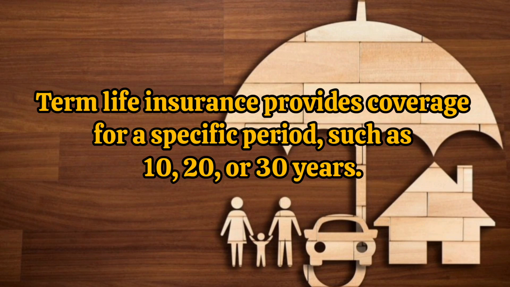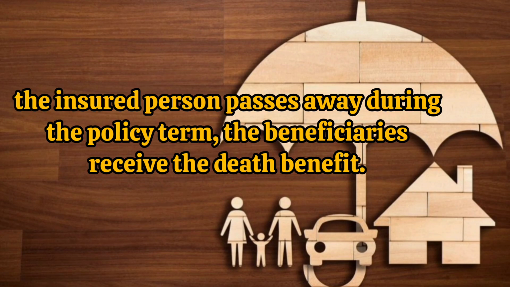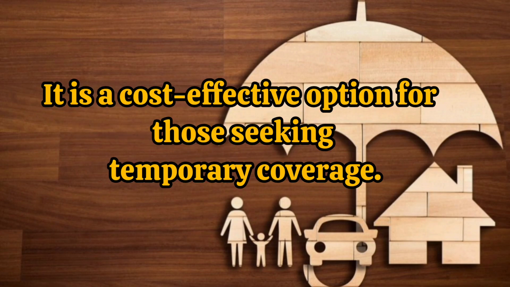Term life insurance provides coverage for a specific period, such as 10, 20, or 30 years. If the insured person passes away during the policy term, the beneficiaries receive the death benefit. It is a cost-effective option for those seeking temporary coverage.